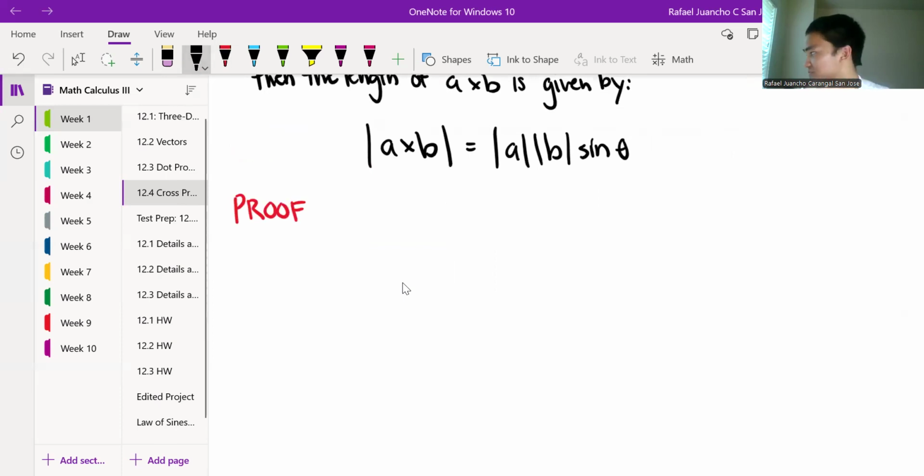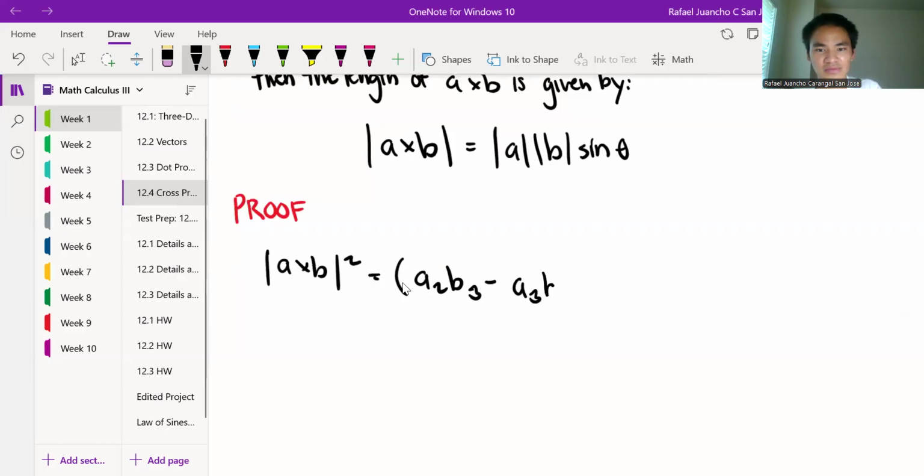All right, so what's the proof? From the definitions we had above of the cross product and the length of a vector, twice that, the length of the cross product squared, is (A2B3 minus A3B2) squared.